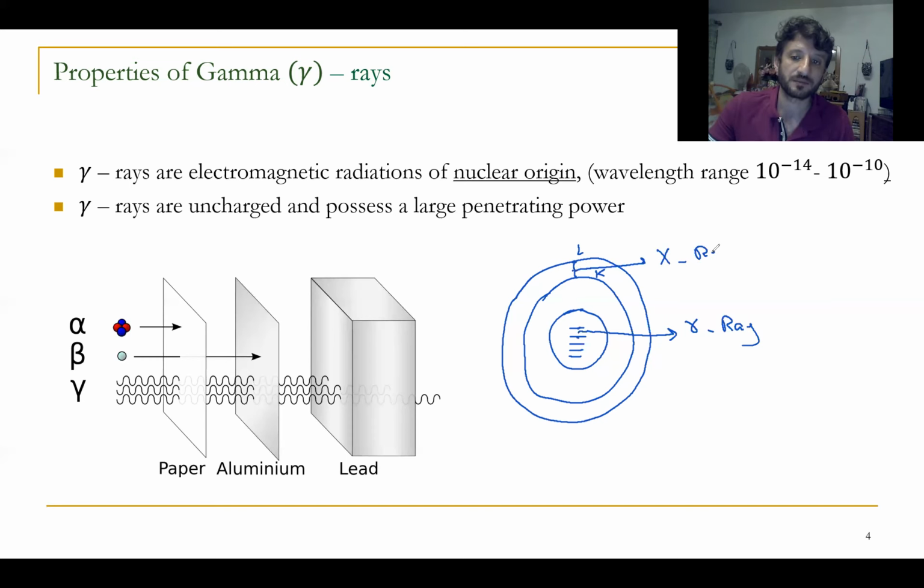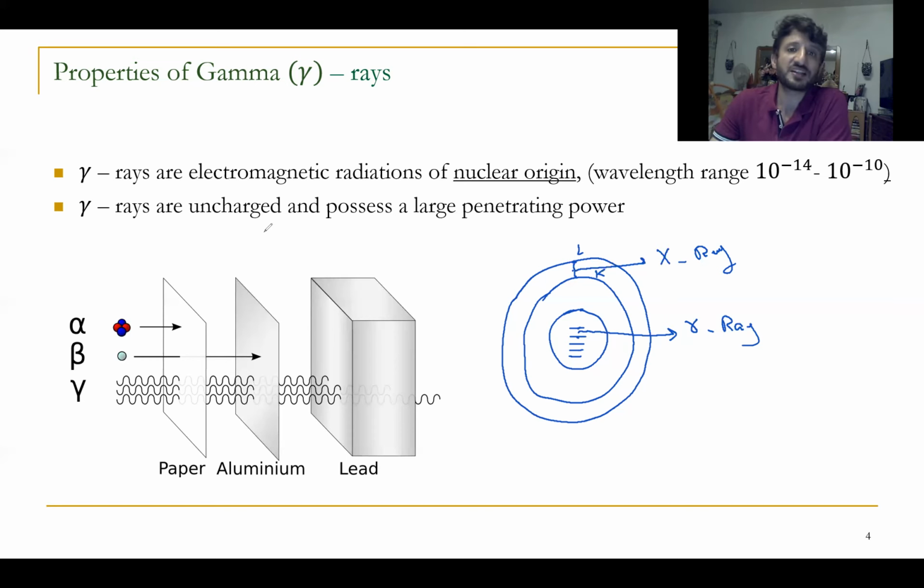So we have a difference between X-ray and gamma ray. These two rays are electromagnetic radiations, but X-ray is of electronic shell origin, and gamma ray is of nuclear shell origin.